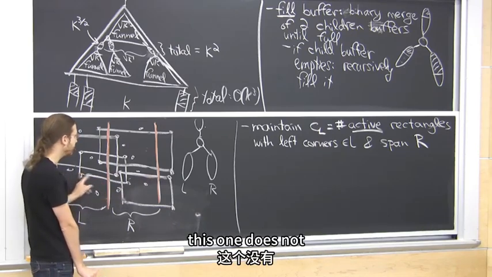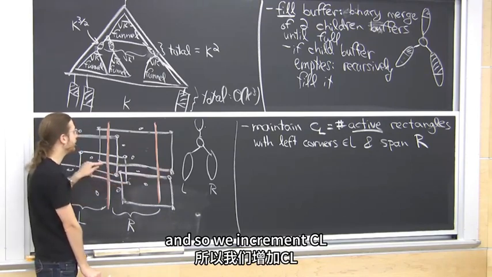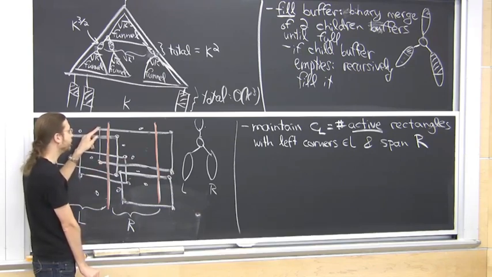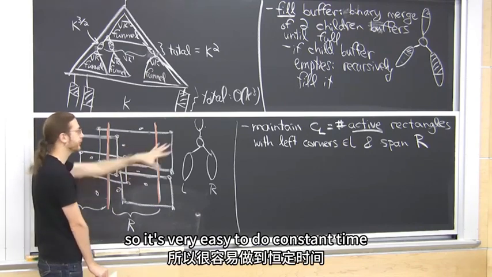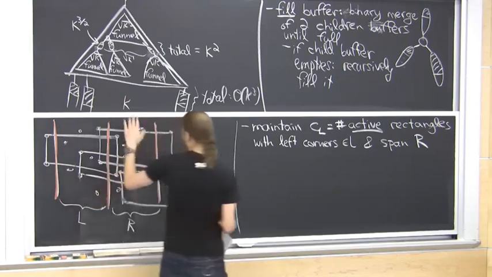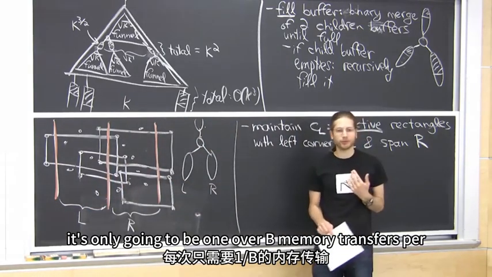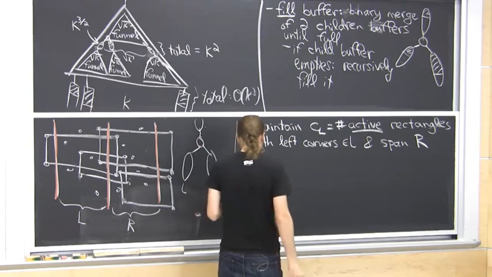This one does not. By the time we get to here, this one goes all the way across R, and so we increment CL. And when we get to the upper left corner, we decrement CL. Say, oh, that rectangle's over. So it's very easy to do in constant time, but it's only going to be 1 over B memory transfers per one of these because it's a nice cheap merge.